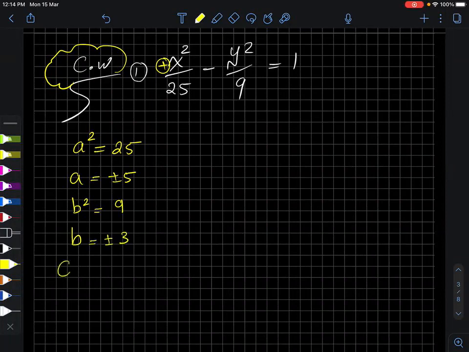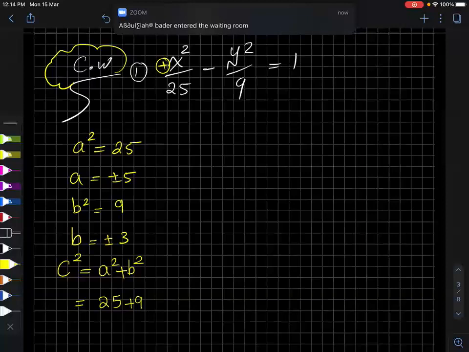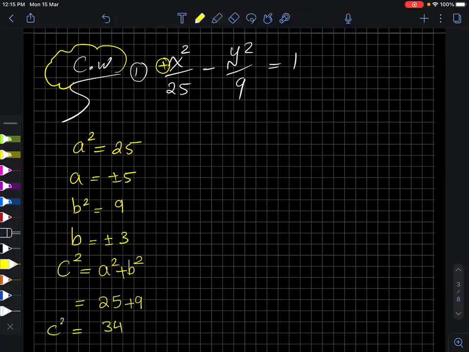Now write c squared equals a squared plus b squared. Simply, c squared equals 25 plus 9. 25 plus 9 is equal to 34, so this is c squared.